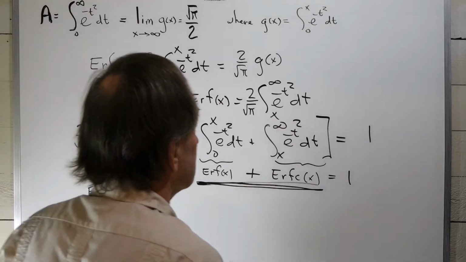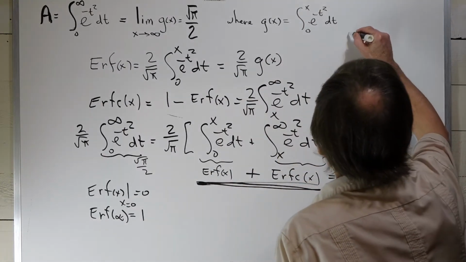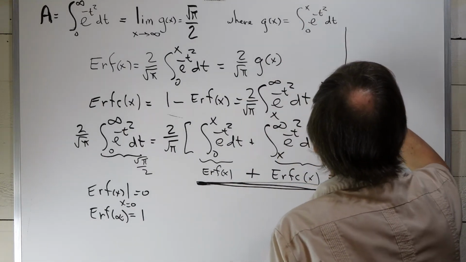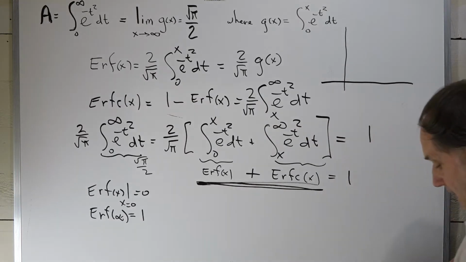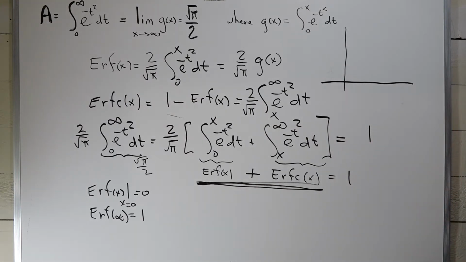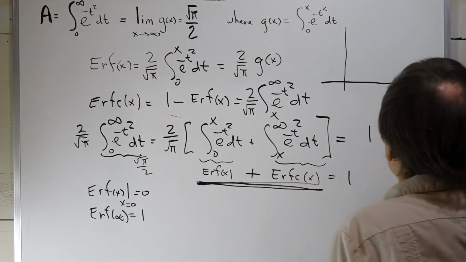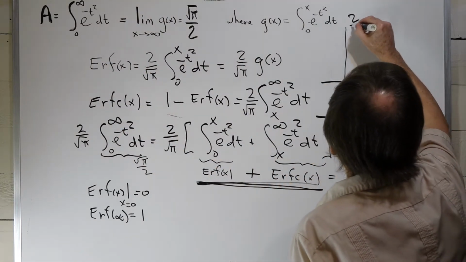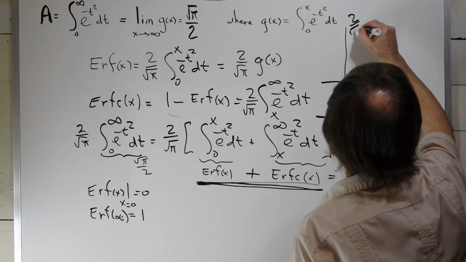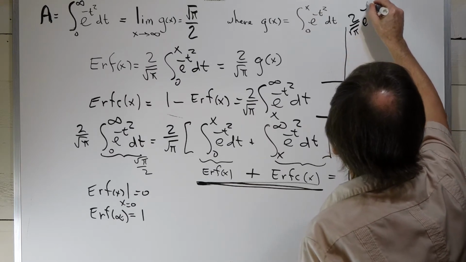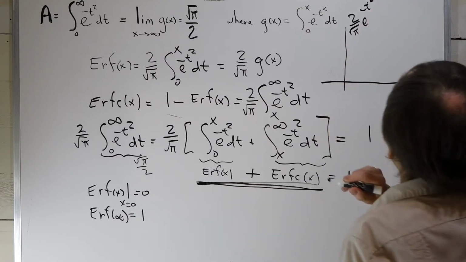And we can easily see that if we graph the integrand, or I will use the factor 2 over the square root of pi times e to the minus t squared.